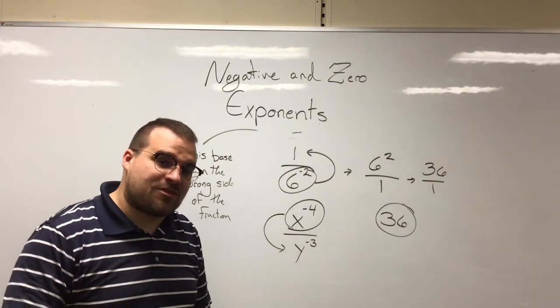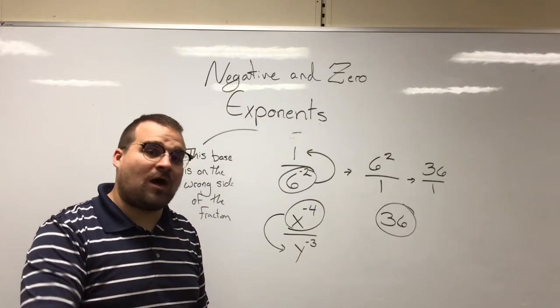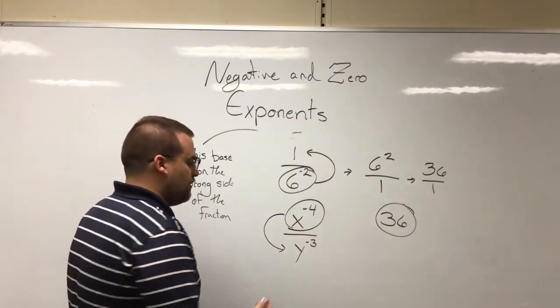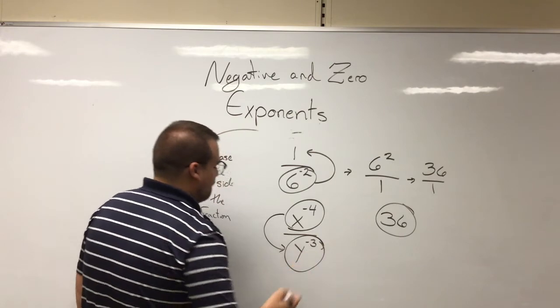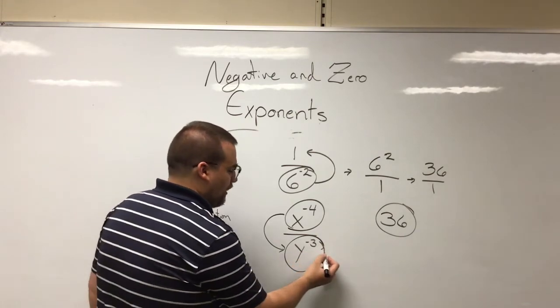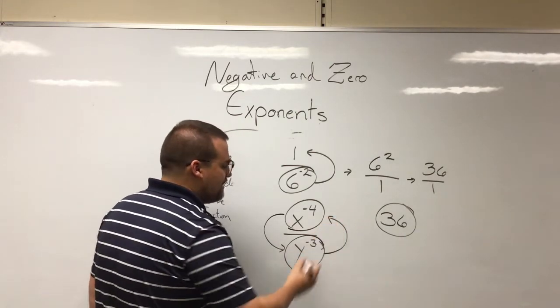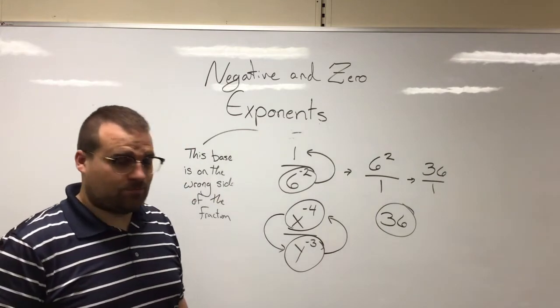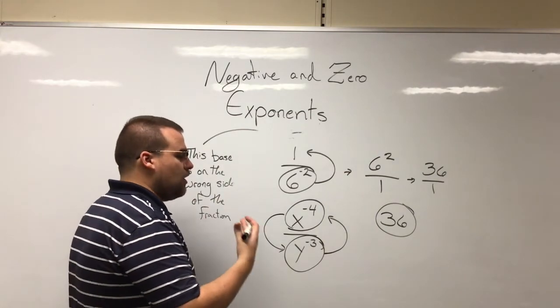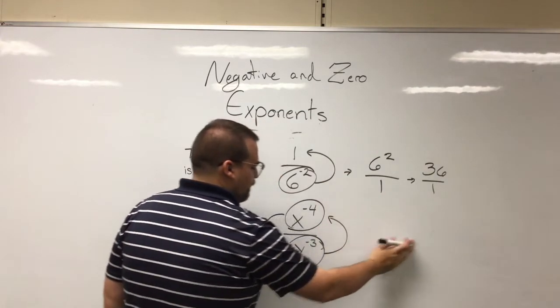However, the same thing is happening to the y that's already in the denominator. That y is not feeling good. That y is like, I need to be somewhere else. I need to be up there. So we have to do both of these things.